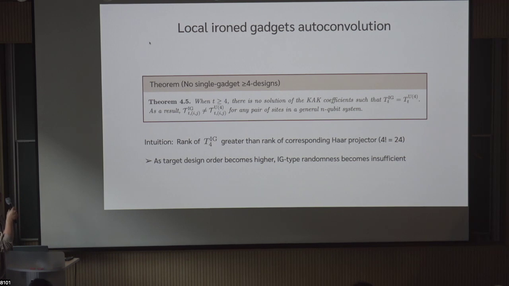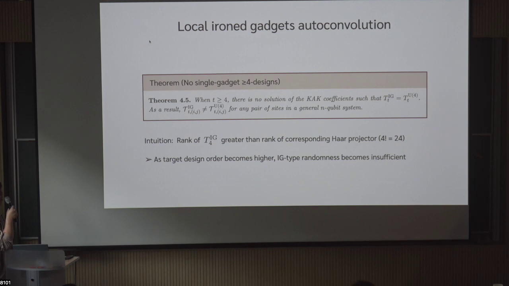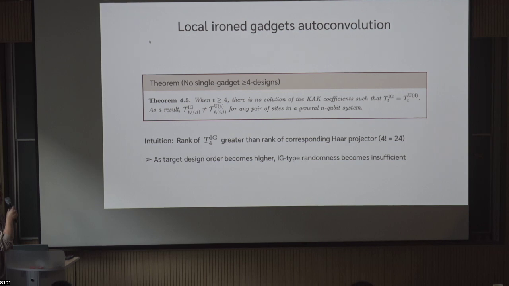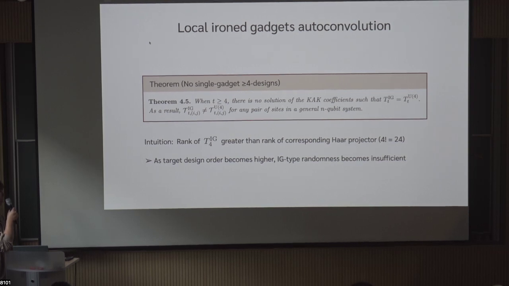Here we can actually close the question by proving that for order greater than or equal to 4, it is impossible for this to happen. For order 4 or greater, the single-qubit randomness is not sufficient to supply enough randomness for preparing the design. This is also a mathematically pretty elegant proof, and it's very easy.